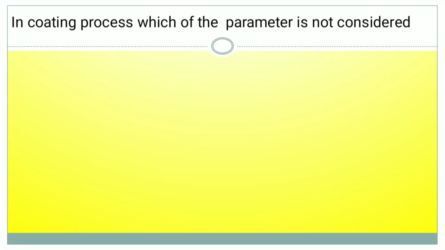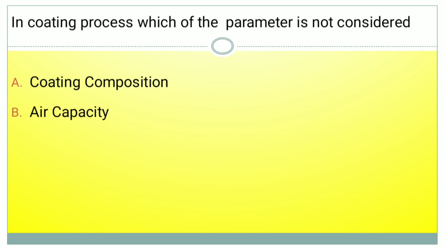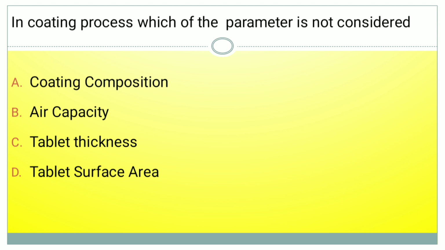The first question is, in coating process, which of the parameters is not considered? I repeat the question. In coating process, which of the parameter is not considered? The options for this question are: option A, coating composition; option B, air capacity; option C, tablet thickness; and option D, tablet surface area.